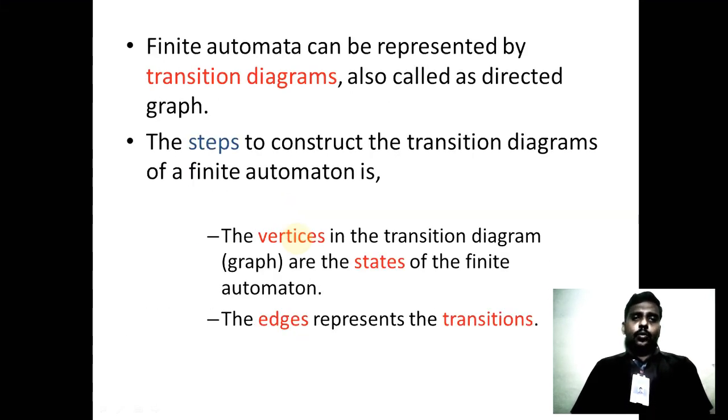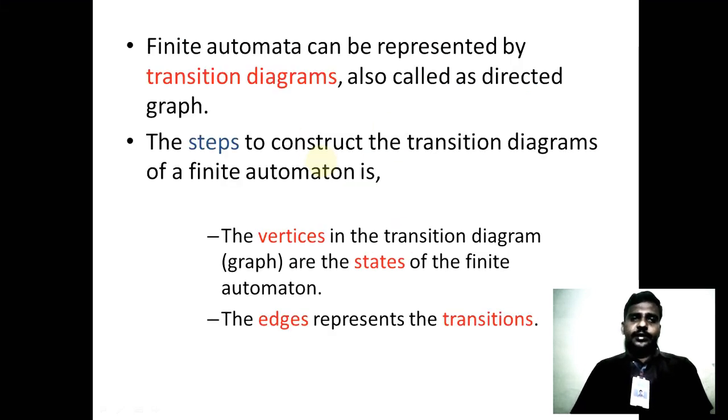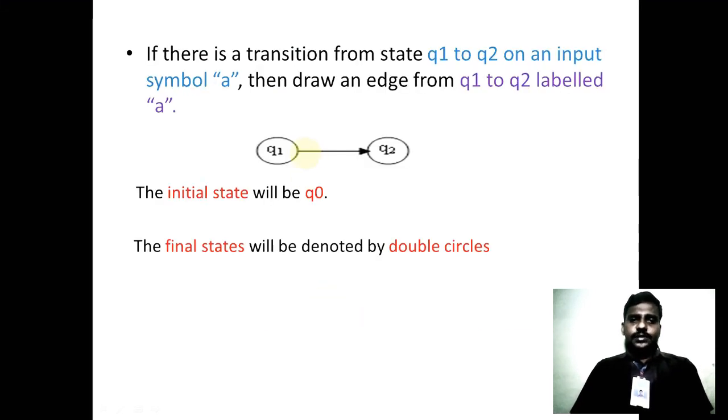Now finite automata can be represented by a transition diagram. To construct a transition diagram, every vertex is called a state. You see this example, this is the transition diagram. This round symbol is a state. So every vertex in the transition diagram is a state. We have two states, two vertices. And edges, this is the edge, q1 to q2, that one arrow mark is the edge.